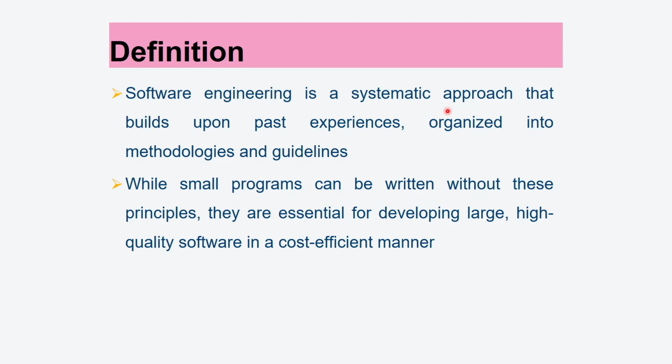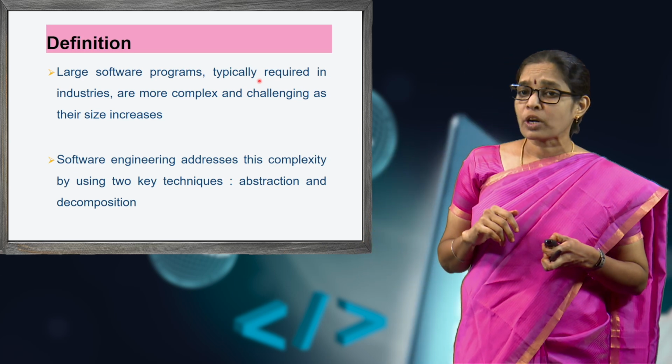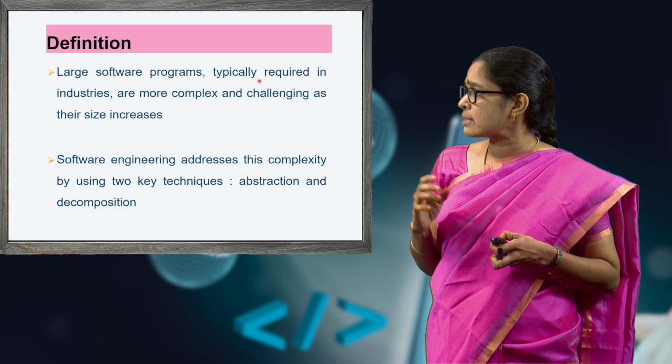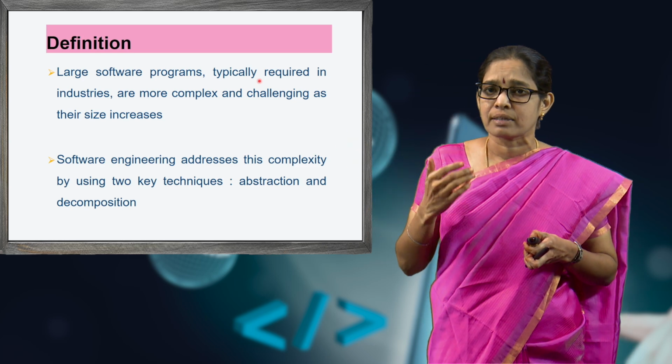When we consider a complex program, which consists of a large number of lines of code, the principles of software engineering are very essential to develop large and high quality software. Generally, large software programs required in industries are more complex and challenging as their size increases.